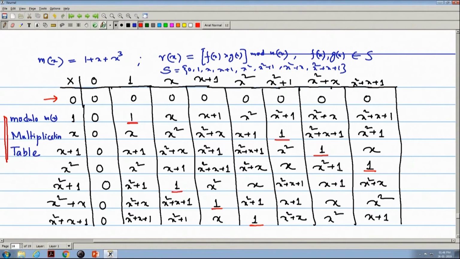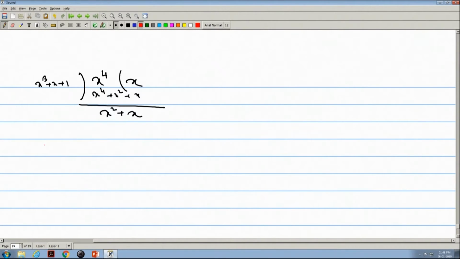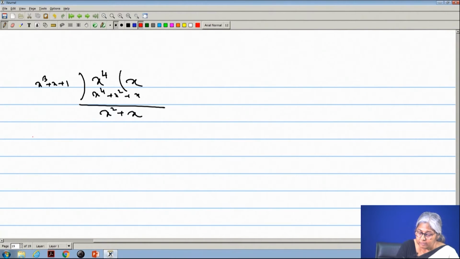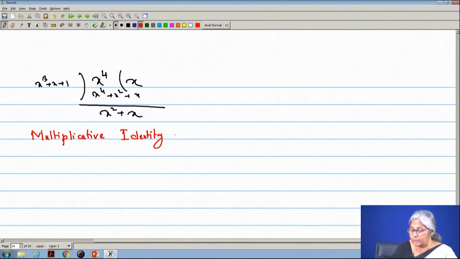So, what we observe is that first, multiplicative identity exists, and that is equal to 1, and we also get multiplicative inverse, since for each element we are getting multiplicative inverse.